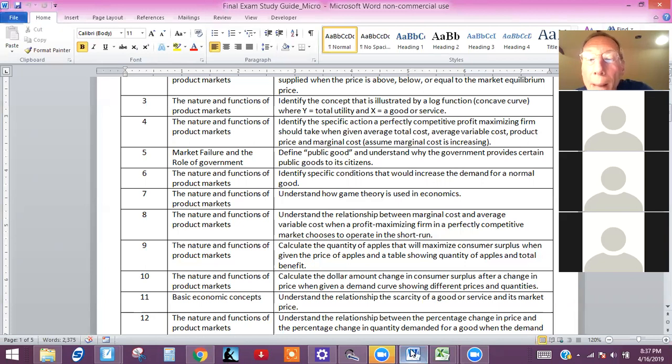Calculate the quantity of apples that will maximize consumer surplus when given the price of apples. Okay, when given the price of apples and a table showing the quantity of apples and total benefit.